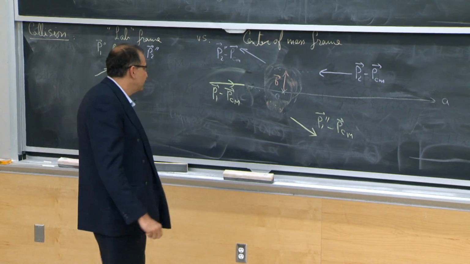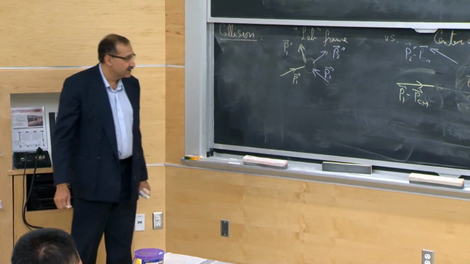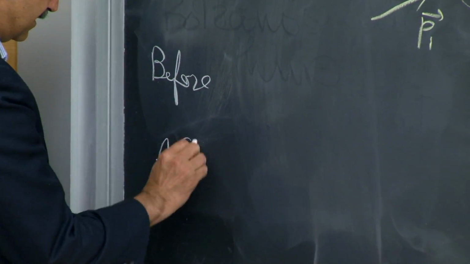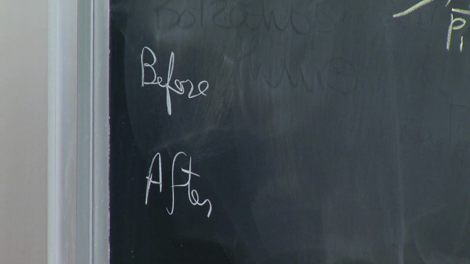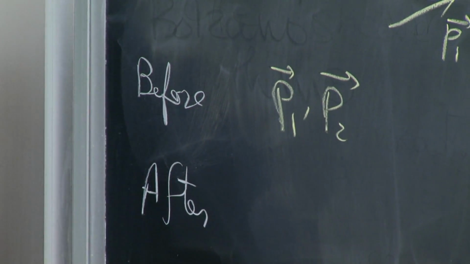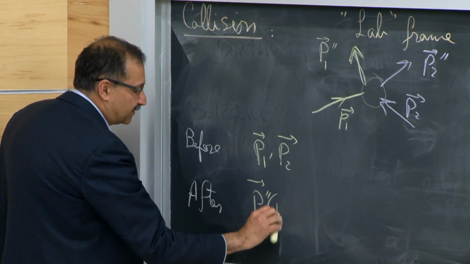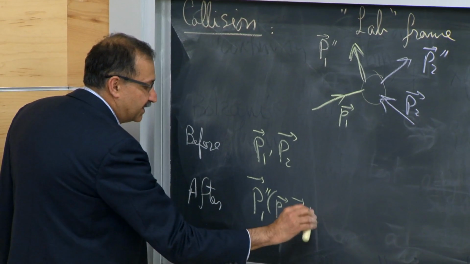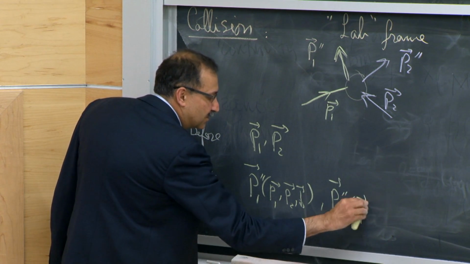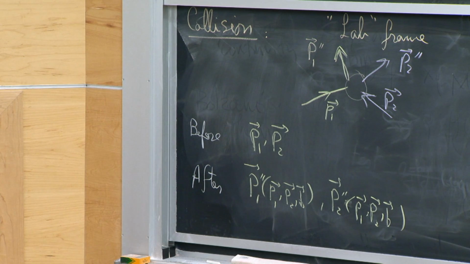And again, it is important to note that this parameter A is irrelevant to the collision, in that once I have stated that before collision I have momentum, say P1 and P2, and this impact parameter B is specified, then P1 prime or P1 double prime is known completely as a function of P1, P2, and B, and P2 double prime is known completely as a function of P1, P2, and B, and everything in that sense is well defined.